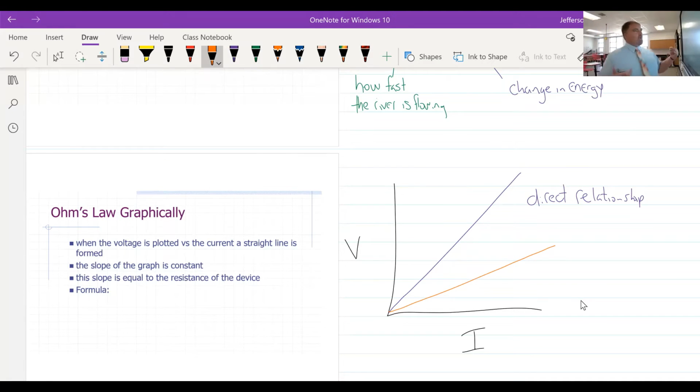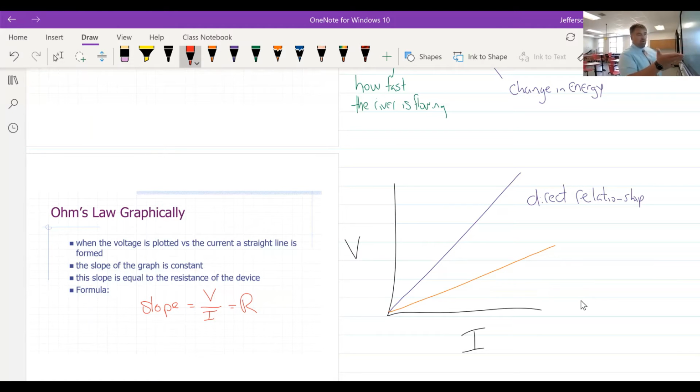And so basically here, again, we still have that direct relationship, but now the slope has changed. Well, the slope of this graph is equal to change in y over change in x, so the voltage over the current. This slope actually is equal to the resistance of the material.